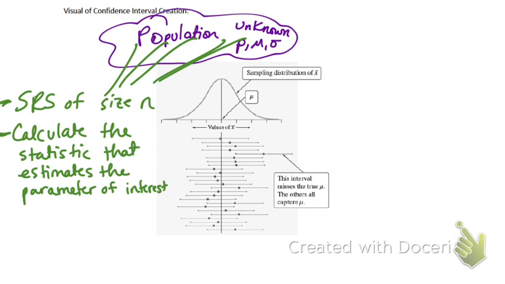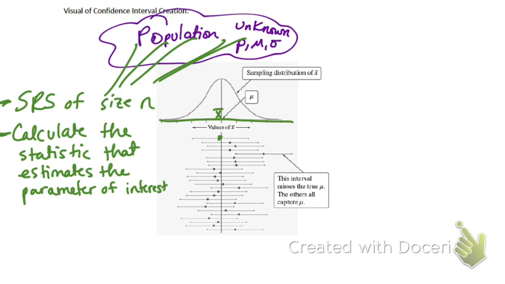If you want to know a standard deviation of the population, you're going to calculate a standard deviation of the sample in order to estimate that. So you got your simple random sample, you calculate your statistic, and then you put that statistic on a dot plot or a distribution that you're basically creating. So let's say the first one goes right about there. There's your X bar. Let's say we're estimating a mean of some sort. So we have an X bar, okay?